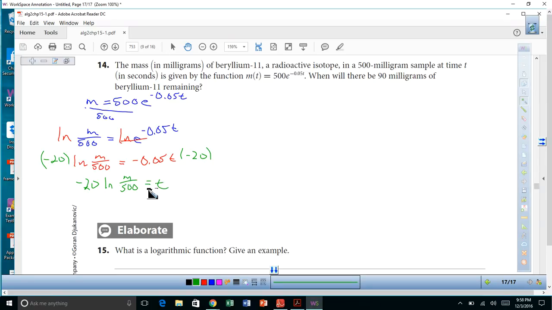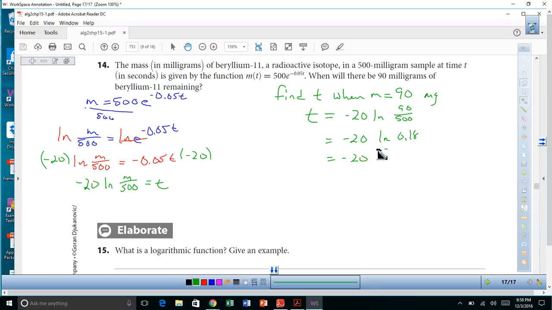Good. Now let's find t when m equals 90 milligrams. So t equals negative 20 natural log of 90 over 500, which is negative 20 times the natural log of 0.18.